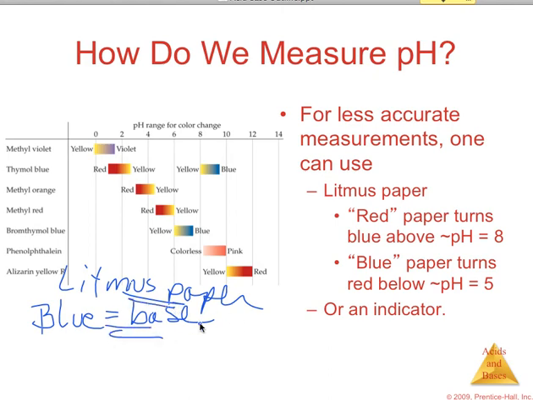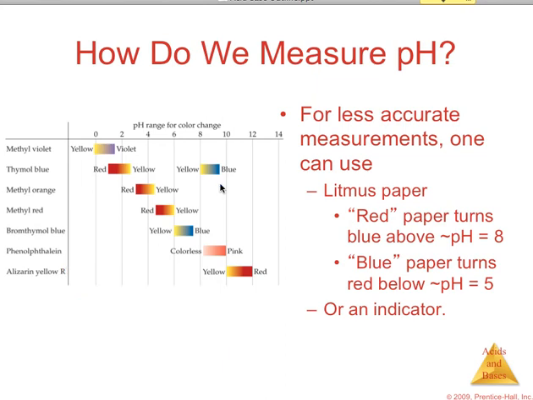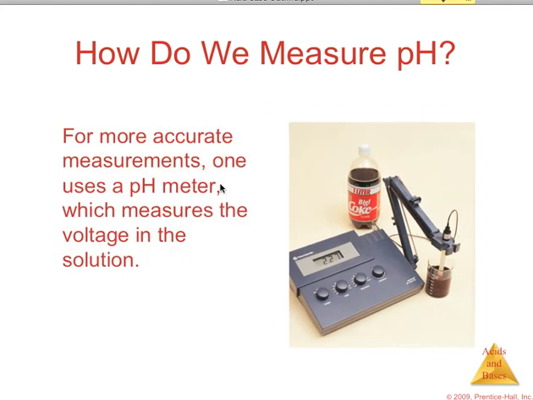The trend may hold true for other indicators. I'm not sure if that's a reliable rule of thumb. All right, so you can also use indicators, and we will hopefully do some experiments with that as well. We also use a pH meter. We've used these last year, so we'll be using those again.